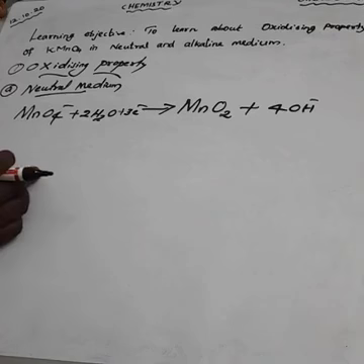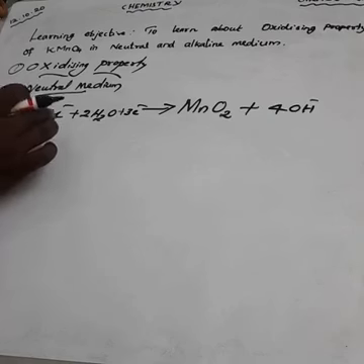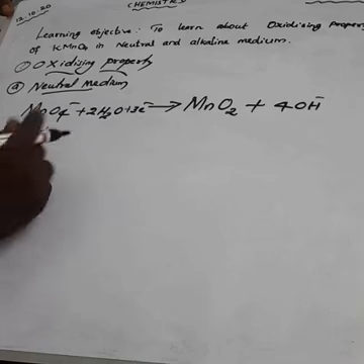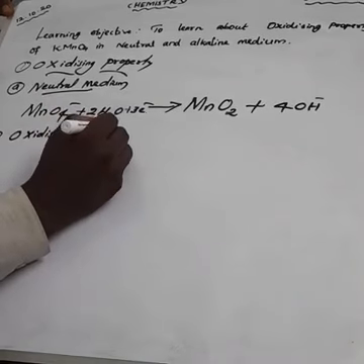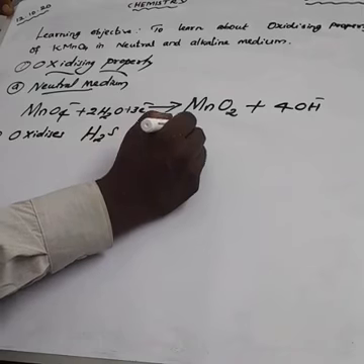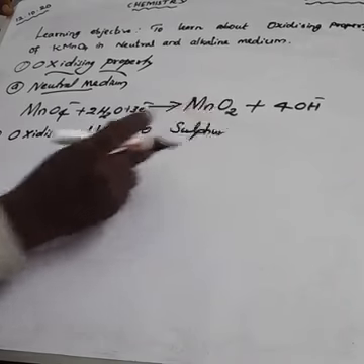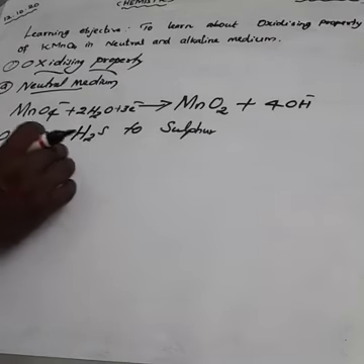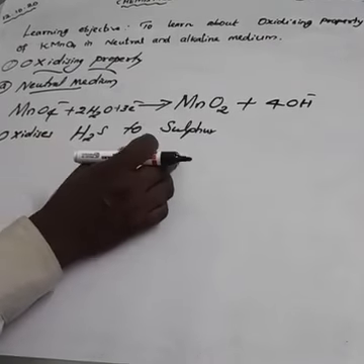Next we can explain it with the help of an example: permanganate ion oxidizes hydrogen sulfide to sulfur.